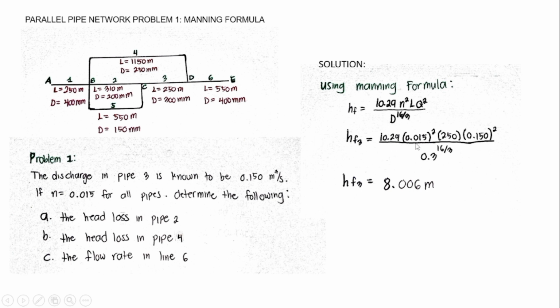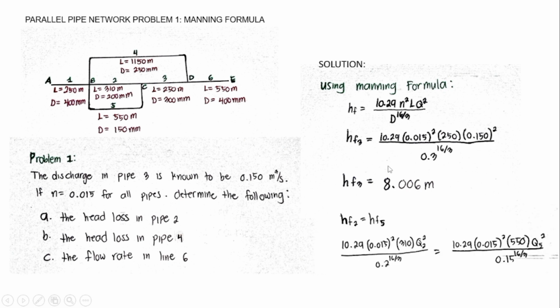So 10.29 times the roughness coefficient, 0.015 squared, times the length of pipeline 3, which is 250 meters, times the discharge Q, 0.150 squared, all over the diameter, which is 300 mm or 0.3 meters, raised to 16 over 3. The major head loss in pipeline 3 is equal to 8.06 meters.